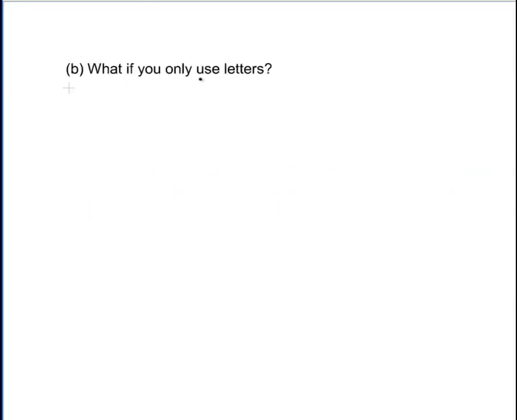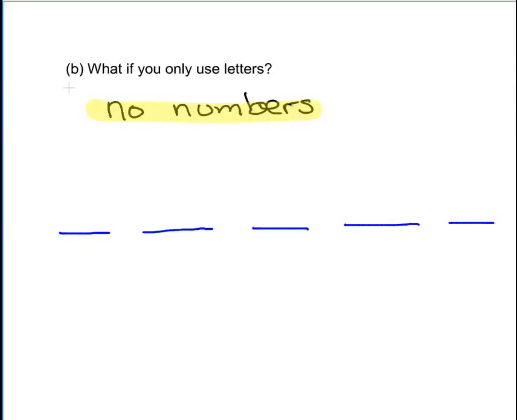Now, what if you only use letters? That means we can't use numbers. That's an important thing to remember. No numbers whatsoever, okay? I'm flagging that because it comes in helpful for a question that we have later on. And usually that's what happens: it's a thing you will see in mathematical questions, that a previous question usually contains some sort of trick for a question that comes later on.